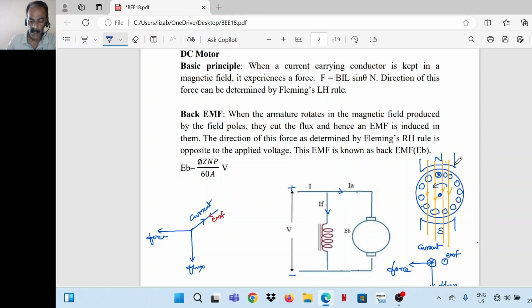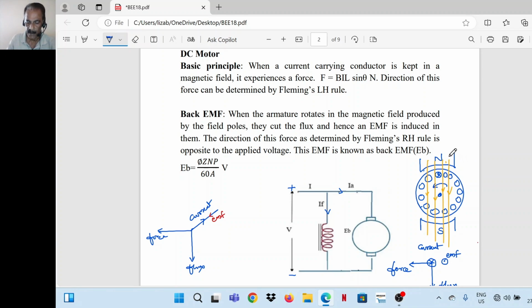Now the requirement is met. It experiences a force. So here current direction is marked only in one conductor, but current passes through all the conductors. So due to the combined effect, it starts rotating.